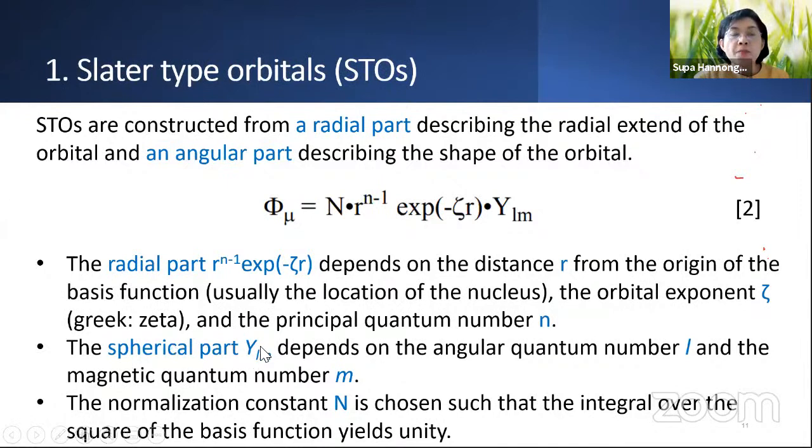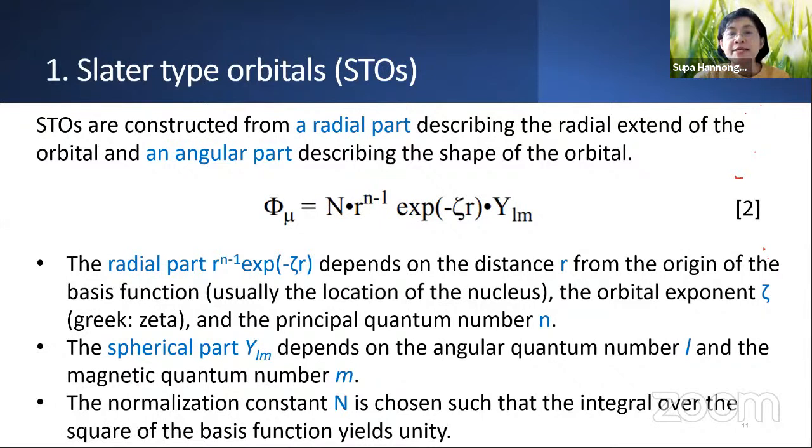While the spherical part, which stands for Y_lm over here, depends on the angular quantum number l and the magnetic quantum number m. And finally, the normalization constant. This is quite special because the normalization is chosen, whatever it is, so that the integral over the square of the basis function is unity.